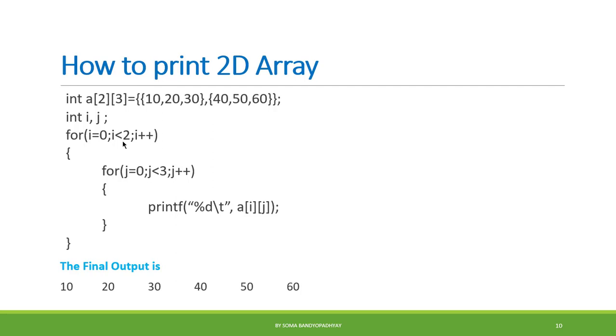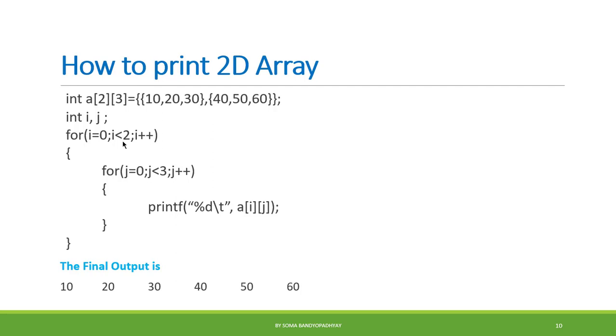Then the value of i will be incremented. Now the value of i becomes 1. It is less than 2, so the condition is satisfied and it will go inside the for loop, and j will again be initialized as 0. Now j is less than 3 as 0 is less than 3. The condition is satisfied. Therefore, it will print the element having row index 1 and column index 0.